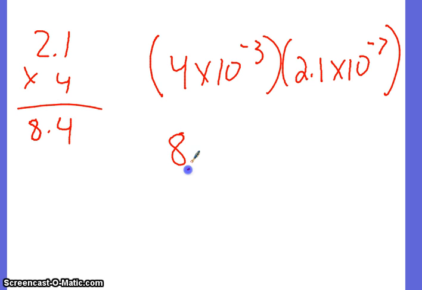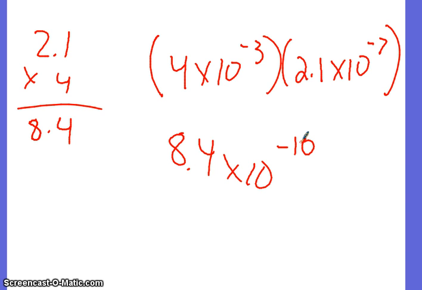That's in correct form, correct? I don't need to change that because my decimal is behind the first number that is not 0. Times 10. Add our exponents. They're both negative. So negative 10th power. Very good. 8.4 times 10 to the negative 10th power. Pretty straightforward, right? So we did 2 steps on that one, and we were able to solve it pretty quickly.